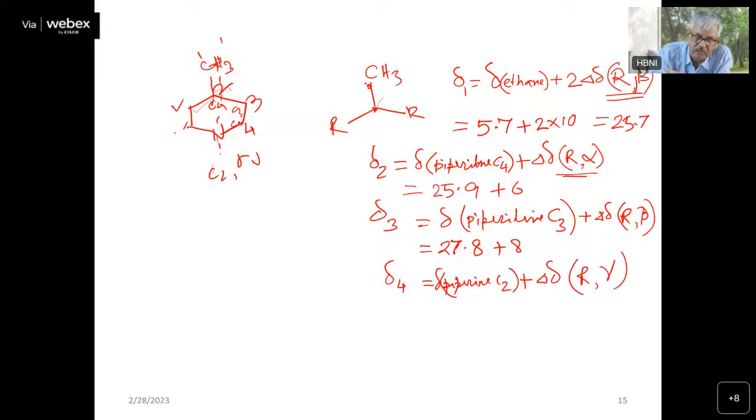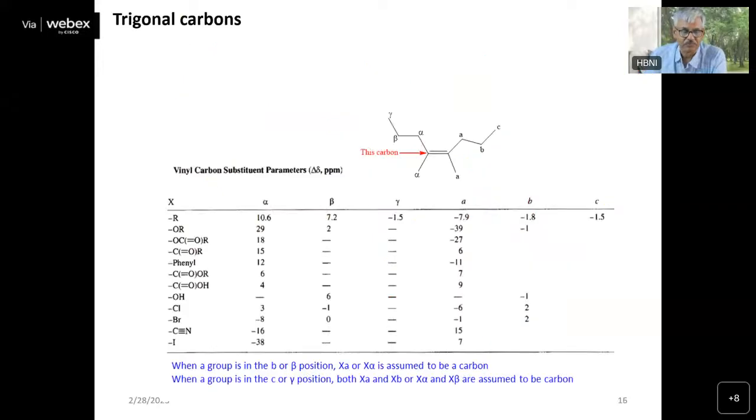So with respect to this, methyl is at the gamma position. If you do that and check the table, it is 47.9 plus, that is actually minus. Okay. So delta delta value depends on at what position, whether it is alpha, beta, or gamma. So this is another example. This is the way one has to calculate.